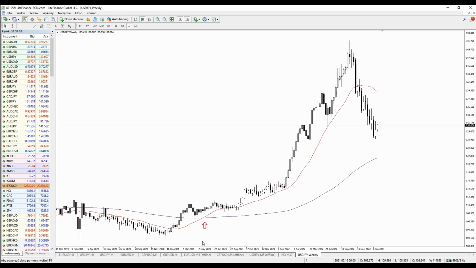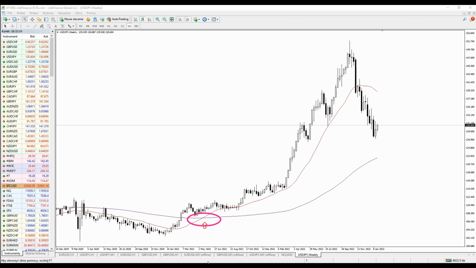That's what I'm talking about, when there is a cross going on. So that's the very popular way to use 2 moving averages on the chart, and that's the thing.